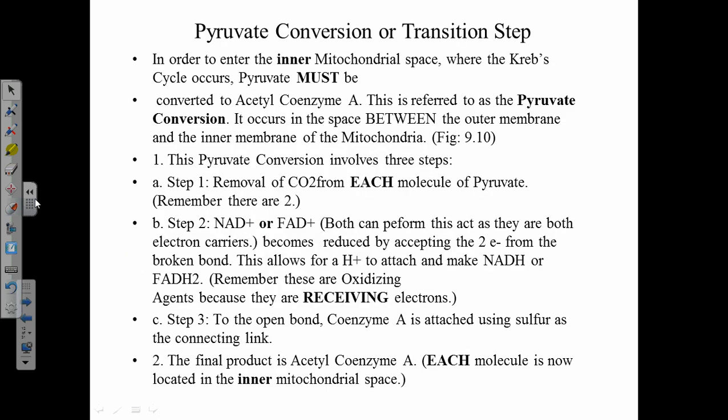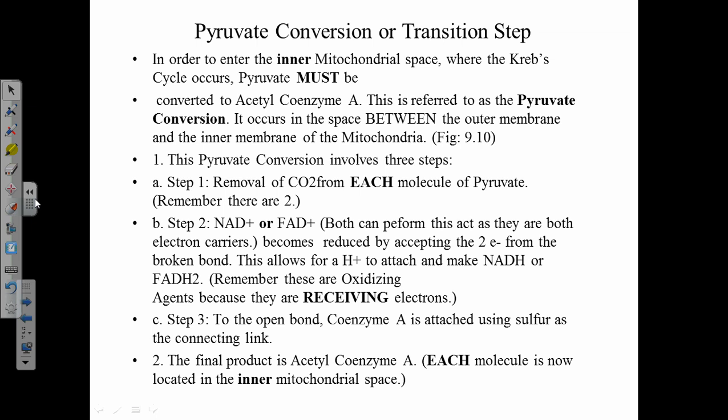Also remember, though, between step 1 and step 2, there's step 1B, and it's called the pyruvate conversion. Or sometimes it's called the transition step. I'm going to call it the pyruvate conversion. The Krebs cycle needs to start with a chain of how many carbons? 2. But right now we have a chain of what? 3.